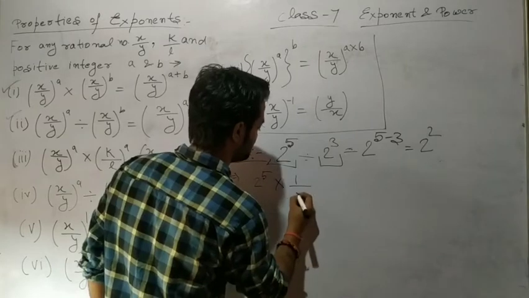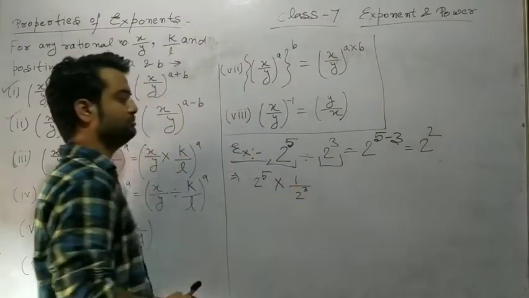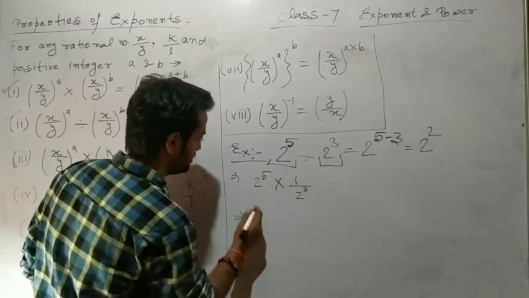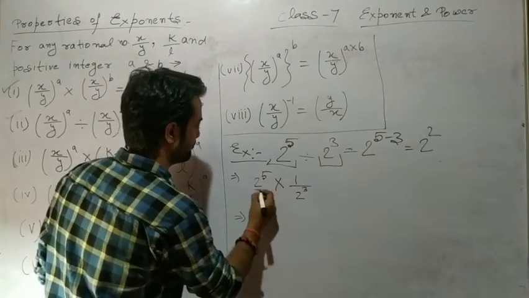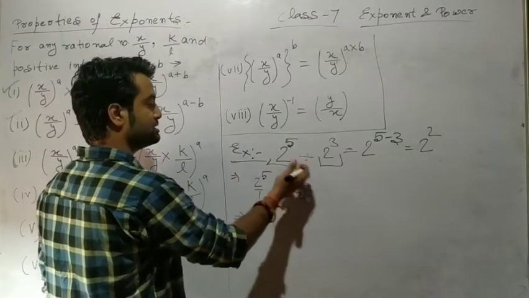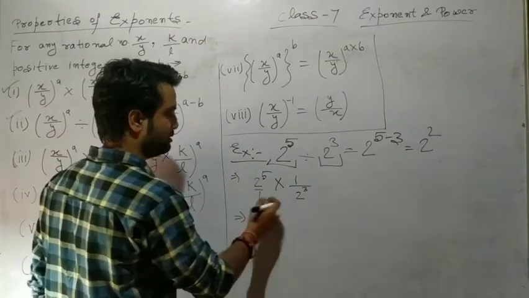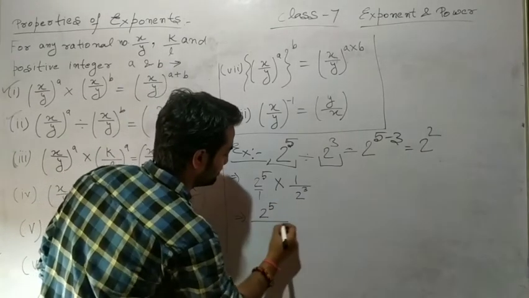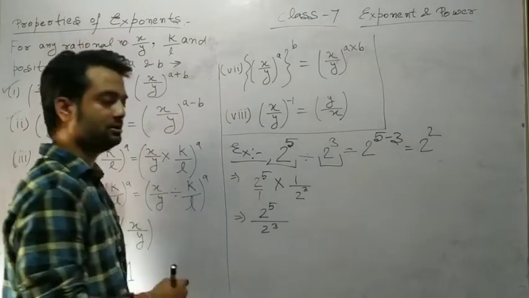So it can be written as 1 upon 2 raised to the power 3. Here the denominator is 1, so the multiplication is done numerator to numerator and denominator to denominator. So it can be written as 2 raised to the power 5 upon 2 raised to the power 3.